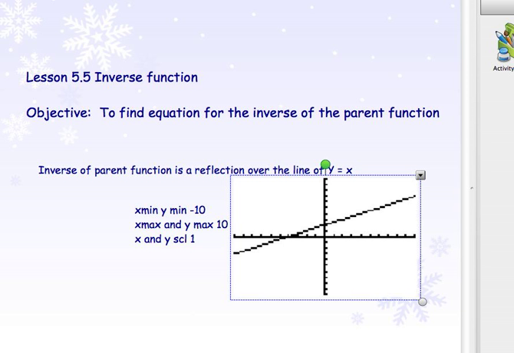All right. Now, imagine that this line is going to be reflected over the line of y equals x. So, graphically speaking, let me type it in my calculator and let me show you what it looks like.